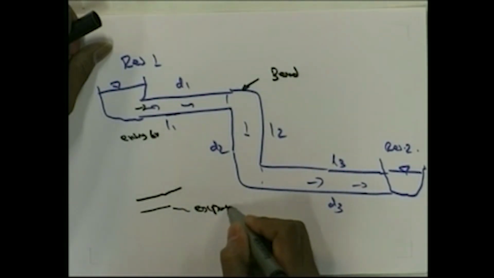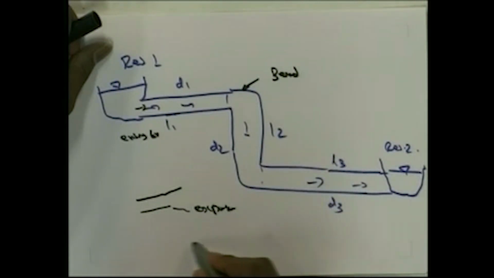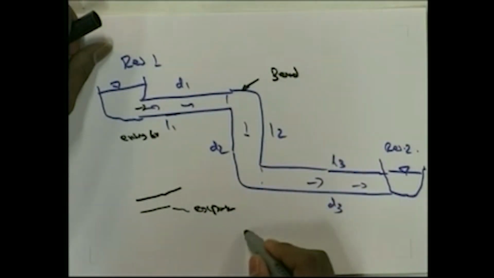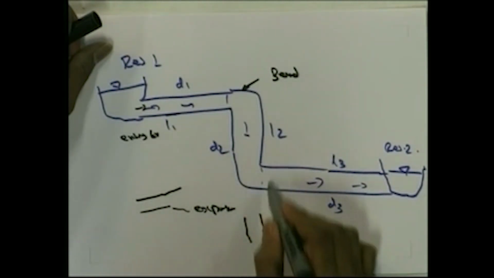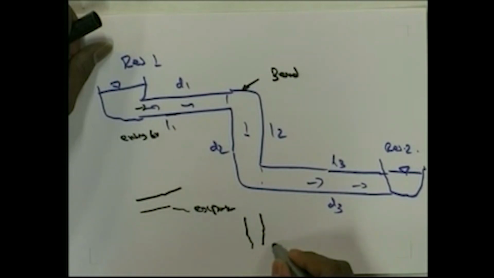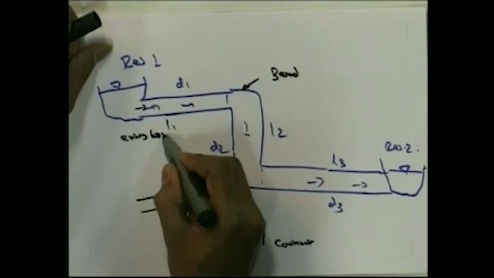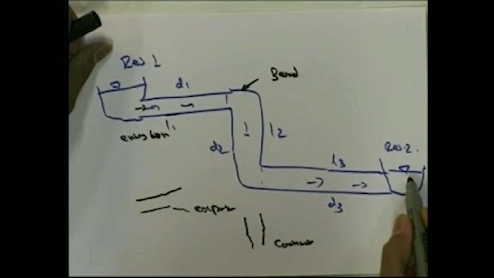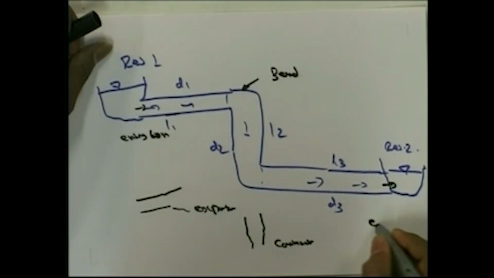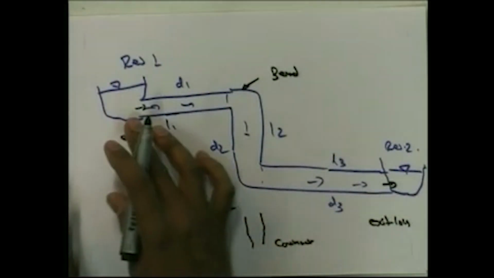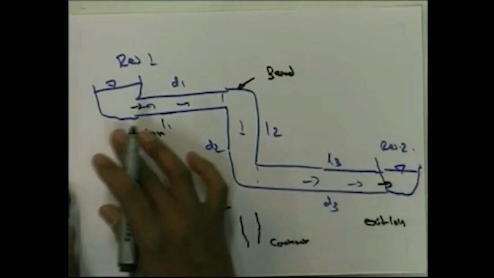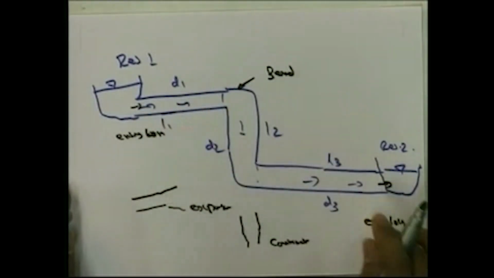And then after reaching here it is a larger diameter to a smaller diameter, so with respect to that there is a contraction. Finally, when it exits to reservoir 2, there will be an exit loss. So, all these losses we have to consider when we discuss the head loss or the pressure loss as far as the pipe is concerned.